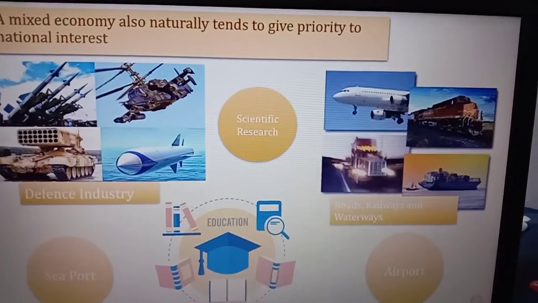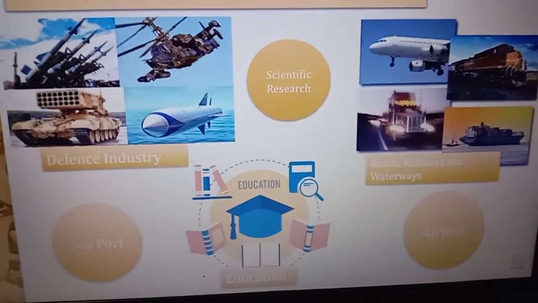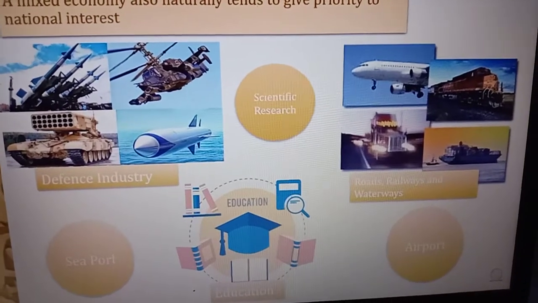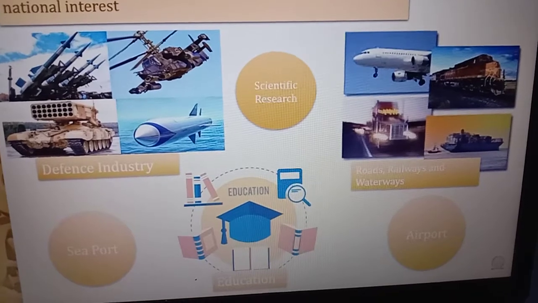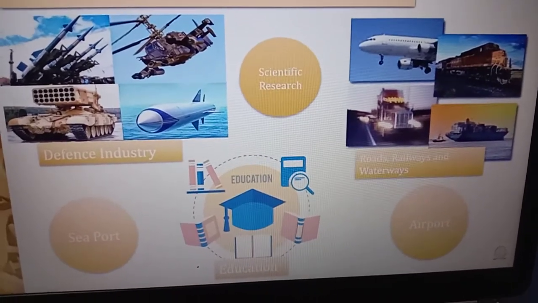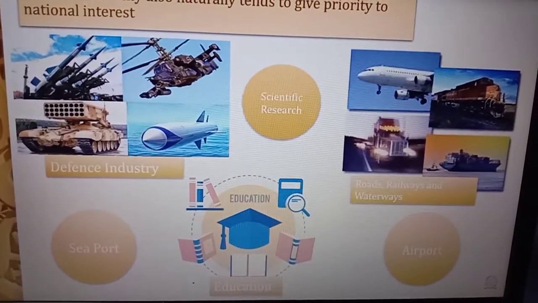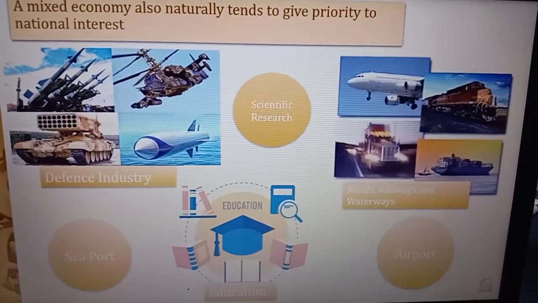A mixed economy also naturally tends to give priority to national interest, giving more importance to things useful for the development of the nation, like defense industries, airports, seaports, education, waterways and scientific research. These are the main objectives of mixed economy.